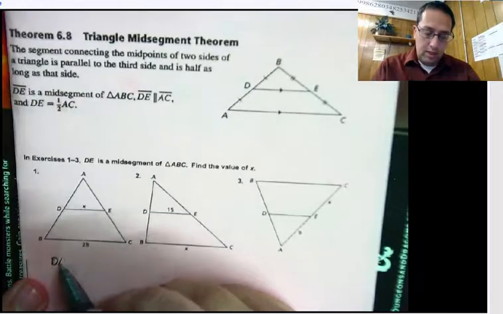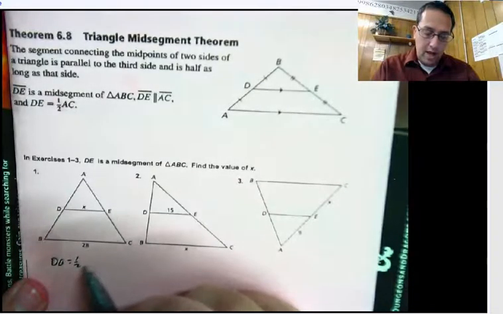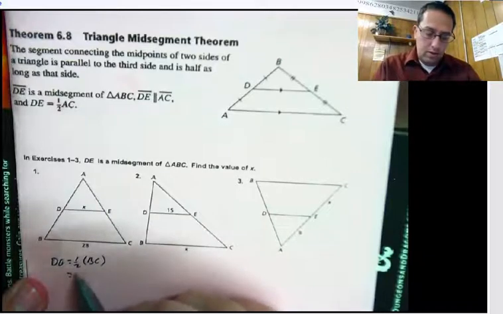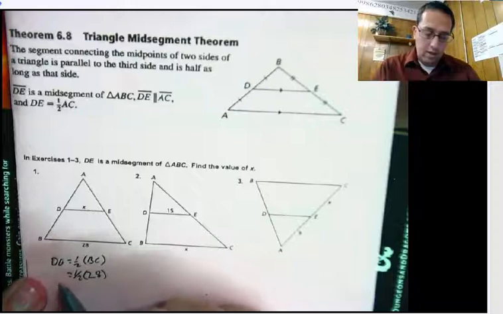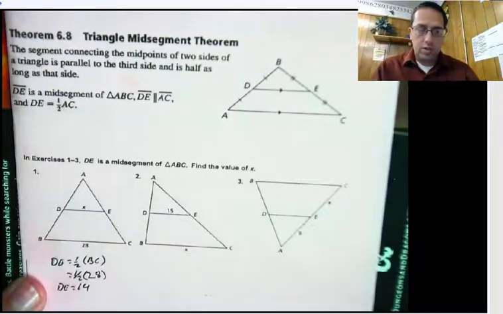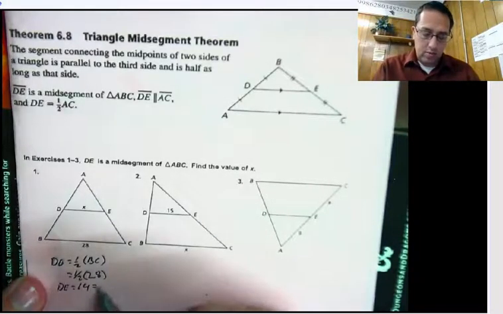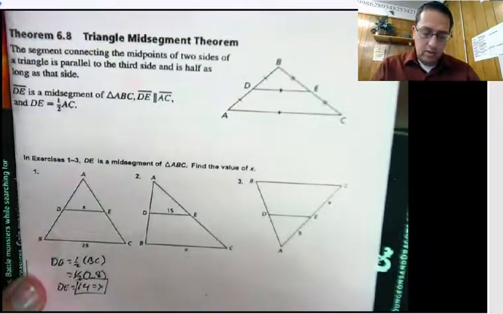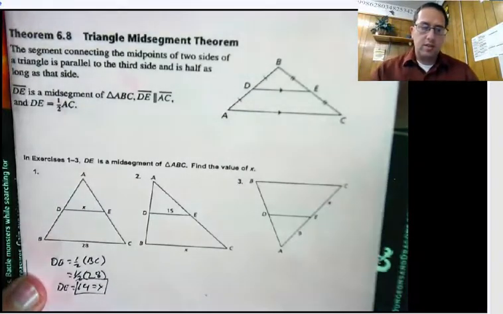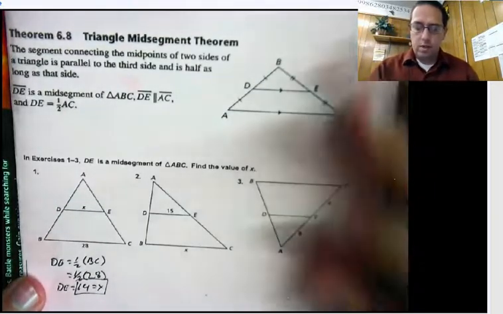So DE equals 1/2 of BC, that is 1/2 of 28, and DE equals 14. So x equals 14, because it does ask for x, not DE. Same thing in this case, but that's okay.